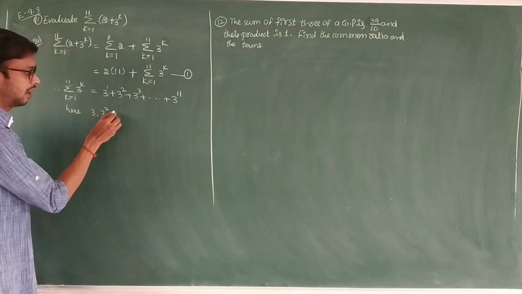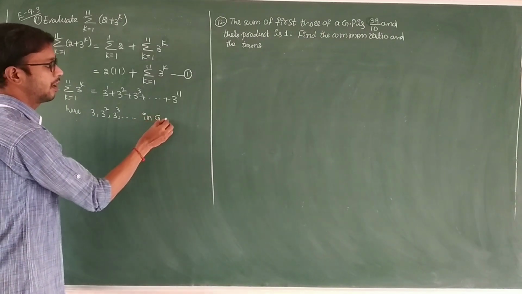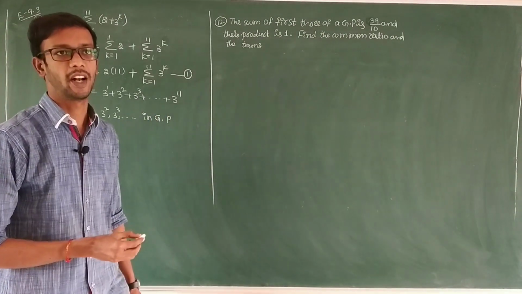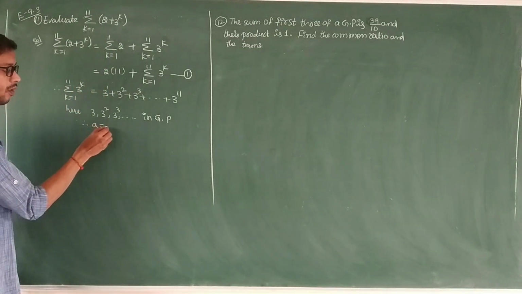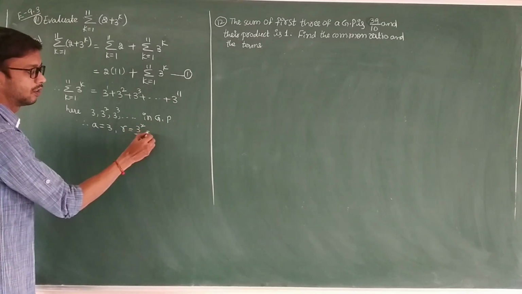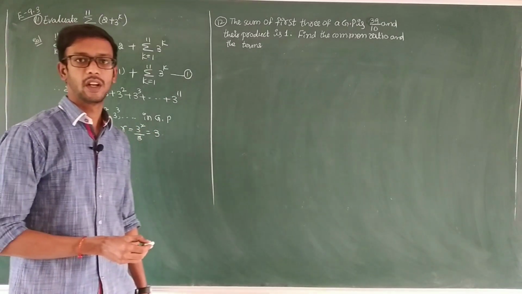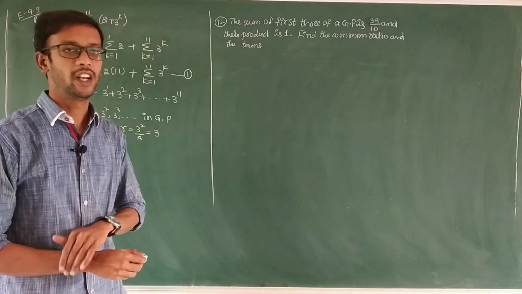Geometric progression is satisfied here. Therefore, a equal to 3, common ratio 3 square by 3, also 3. This summation is nothing but the sum we need.